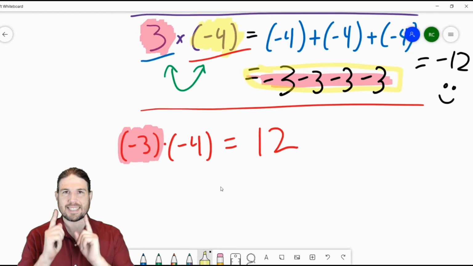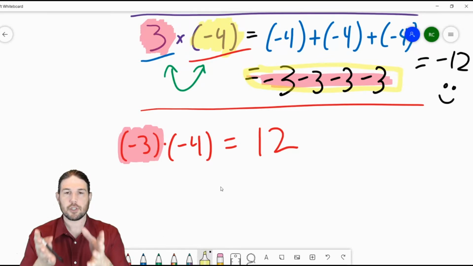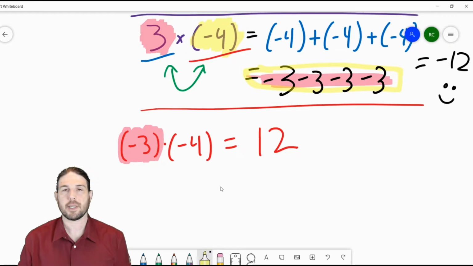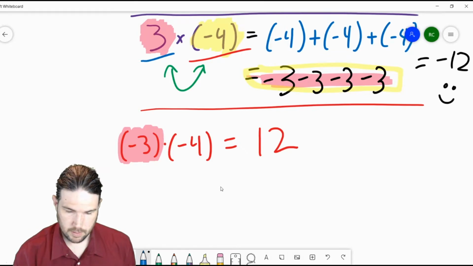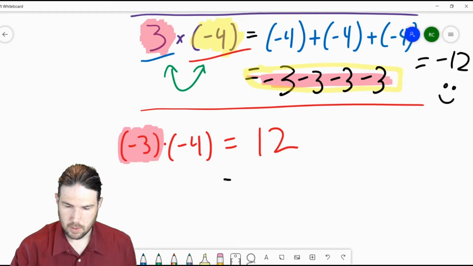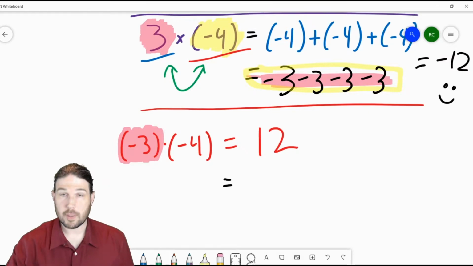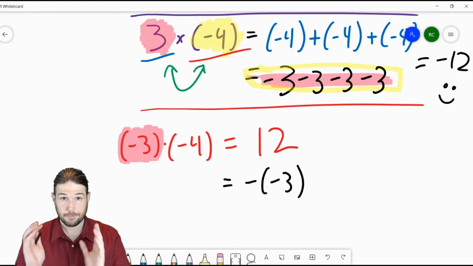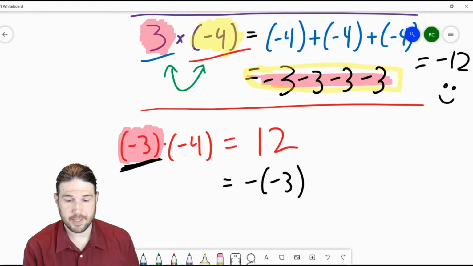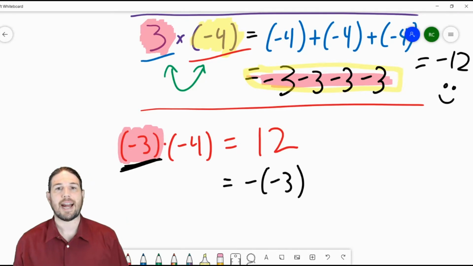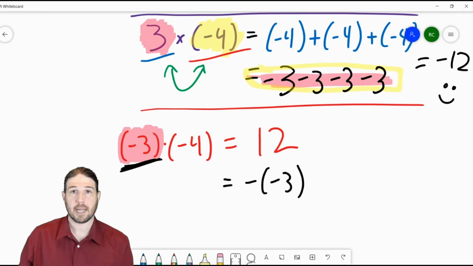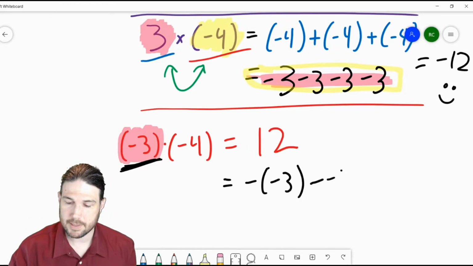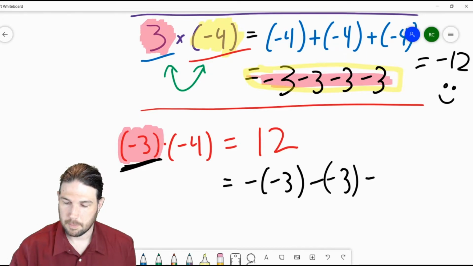So let's do that exact same thing again with this new, seemingly different, but not really different problem. We would say minus negative 3, right? We take the first number, the whole first number, whatever it is, and we are subtracting that 4 times. That's what multiplying times negative 4 means in this context. So, minus negative 3, minus negative 3, minus negative 3.